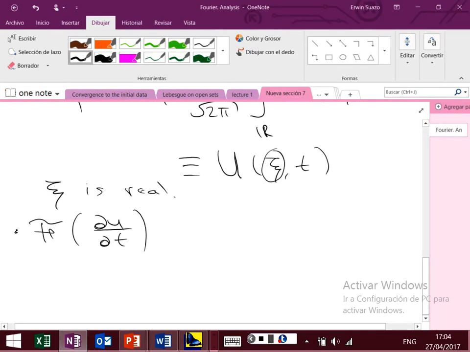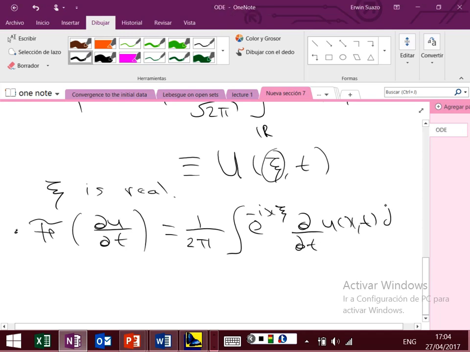So what is that? All that we have to do is take 1 over square root of 2 pi, the integral of e to the minus i xi x, and then the derivative with respect to time of u(x,t) dx.